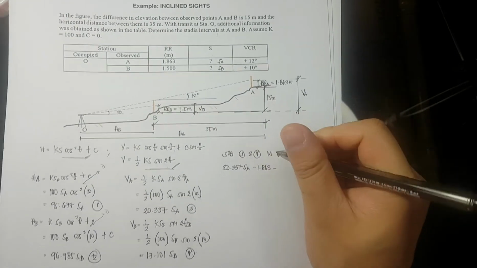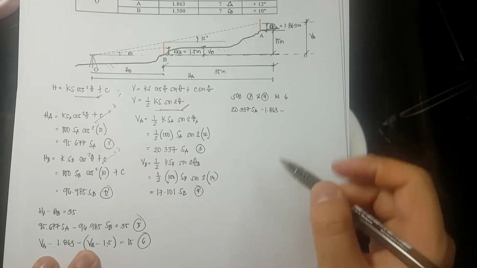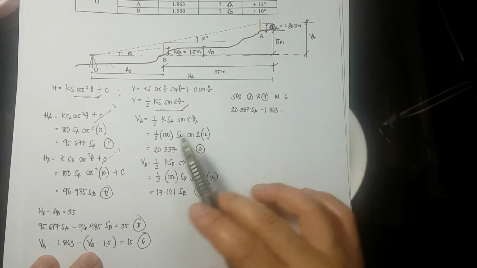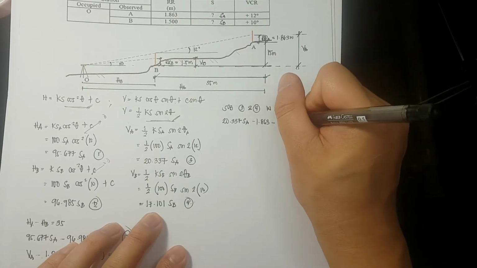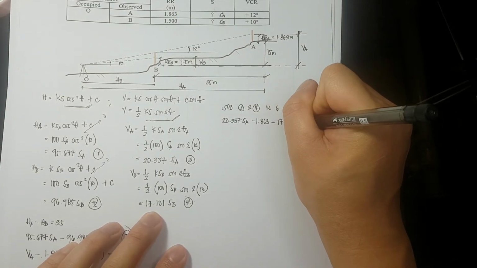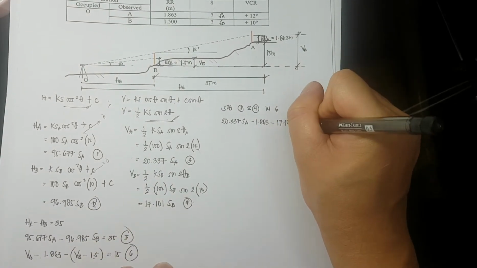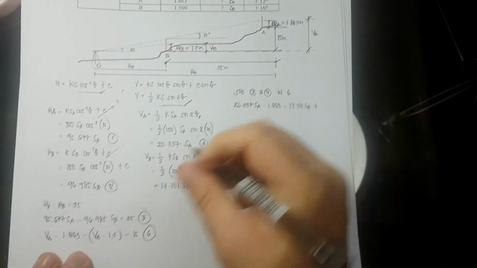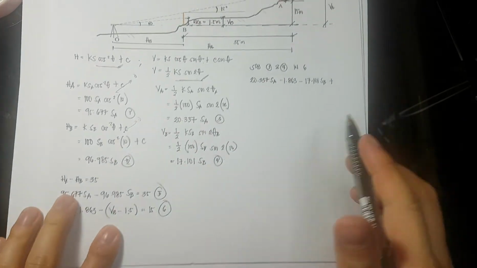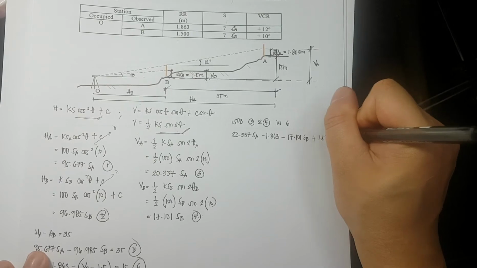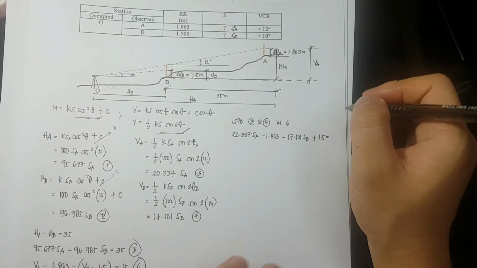Then we have minus VB, and VB is 17.101 SB plus, i-distribute natin yung negative, we have 1.5, and that is equivalent to 15.